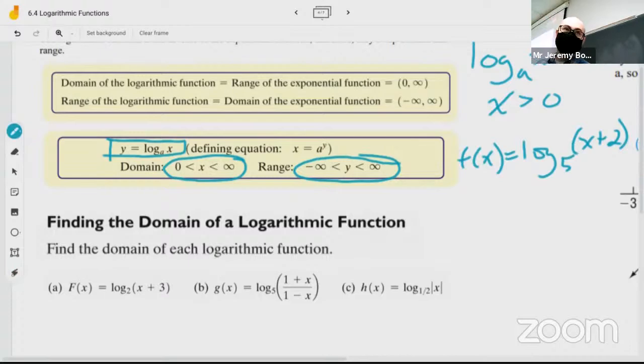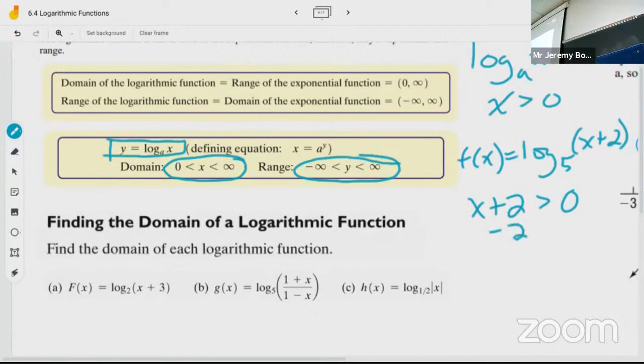So just like we did for even roots, remember, the stuff inside the even root has to be greater than or equal to 0. Here we know the stuff that we're taking the logarithm of needs to be greater than 0. So we're going to set x plus 2 greater than 0, and then we're going to solve it.